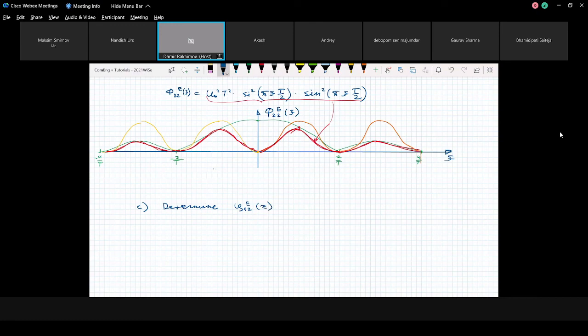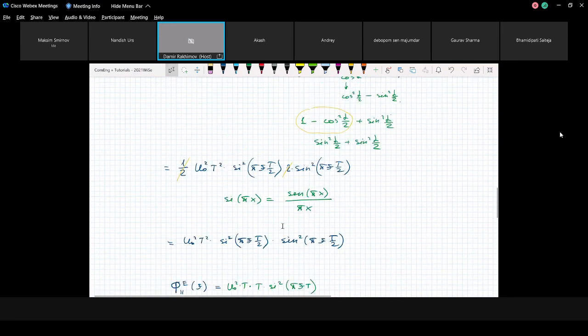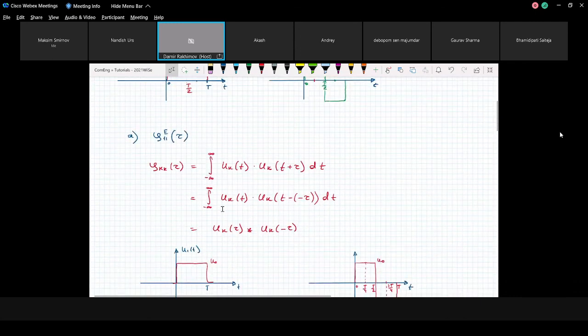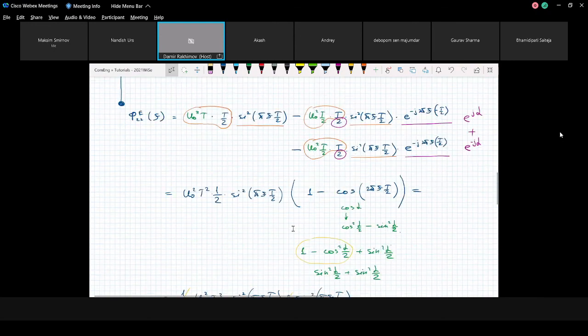And here we do the following. You remember the definition of the correlation function. This is our definition. I can copy this expression, but then I have to slightly change it.